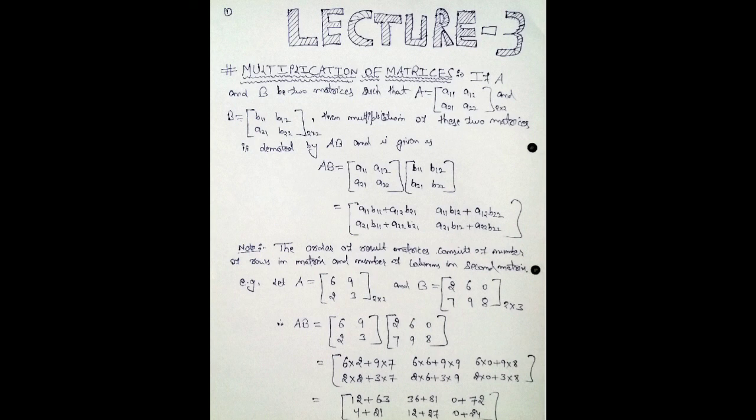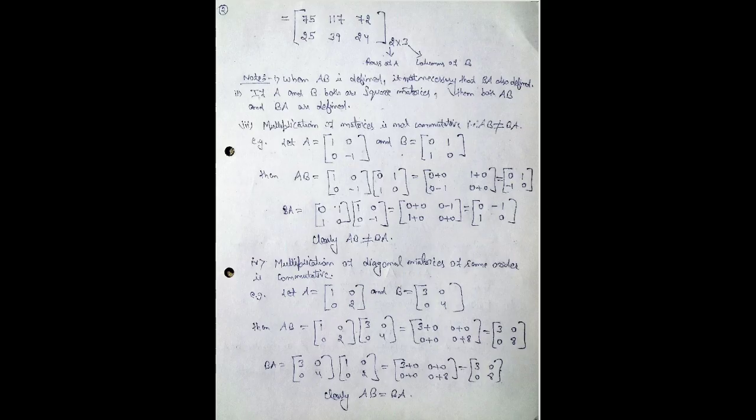In the given example, we multiply 6 with 2 and 9 with 7 and add these to get the first element of the resulting matrix, which is 75. We repeat this same process to find other elements of the resulting matrix like 117, 72, 25, 39, 24.